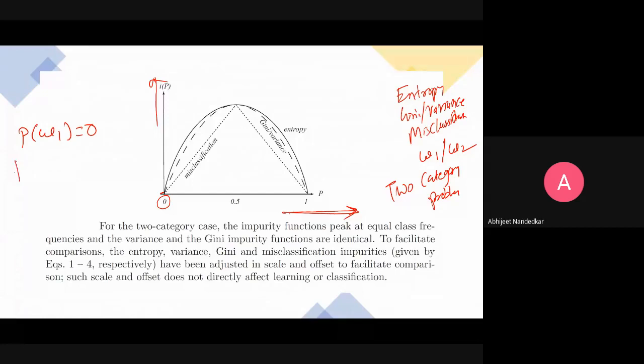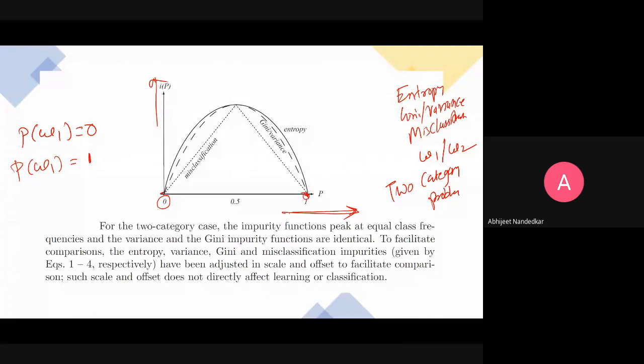Similarly, when the probability of omega 1 equals 1, that means every sample with you is of omega 1. So at this position, again, there is no information in this. The entropy here is again 0.